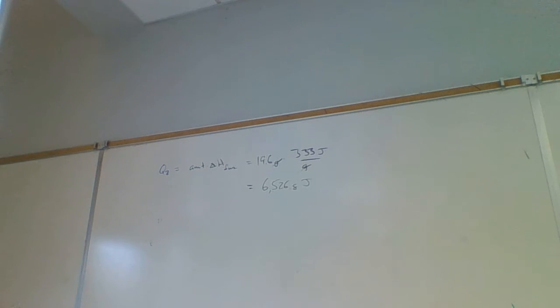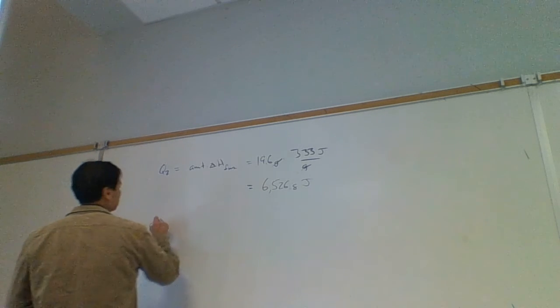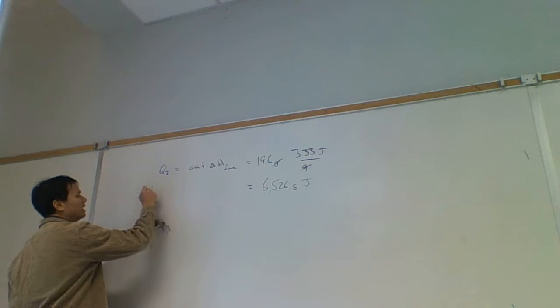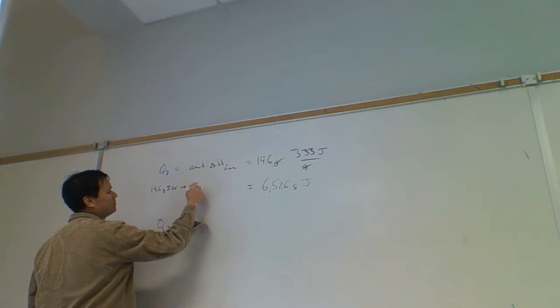And so that liquid water is going to warm from 0 degrees C, and we're going to call that Q3. And so how hot can the water get? So Q2 was, we're going to take 19.6 grams of ice and convert that to 19.6 grams of H2O liquid.